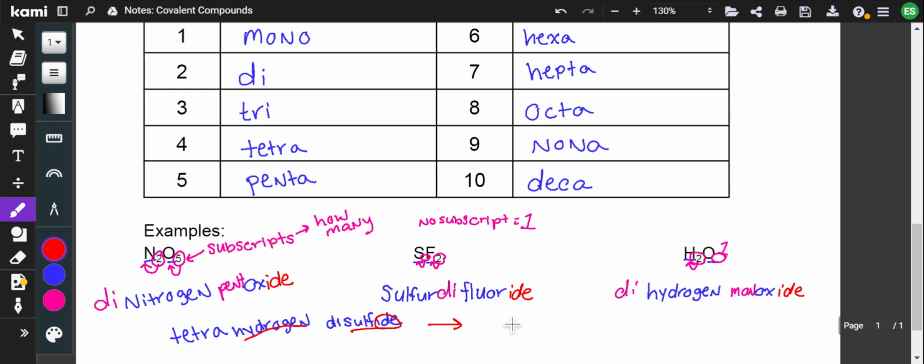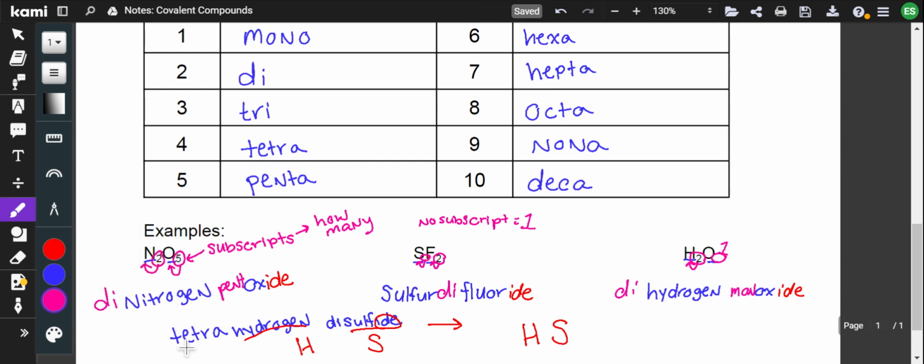This becomes the hard part here, looking for what that element is without its ide ending. But I can figure out the beginning of the word is going to be sulf. So I'm going to look for my element that starts with sulf. Again, these are all nonmetals, so I should be able to pick out pretty quickly which one sulf is, and that's going to be sulfur. So hydrogen, that's H. Sulfur, that's S. So I know that this is going to be H and S.